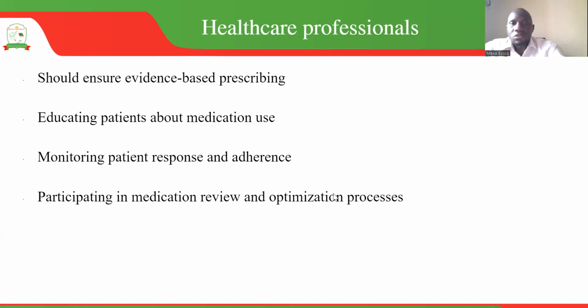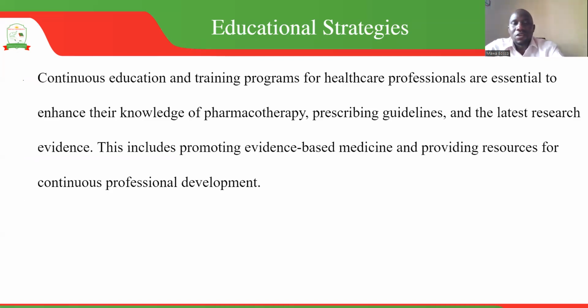If the conditions persist, it could be something that warrants public health attention. They also have a role in the review of medications, making sure they are optimally used. So we have what we call optimization processes in drug use.